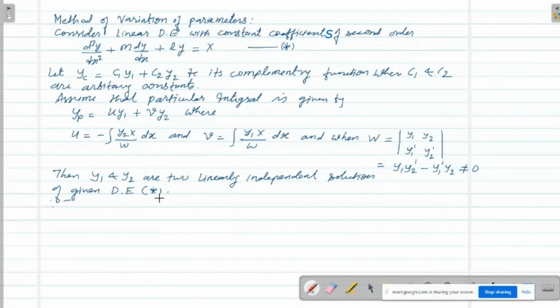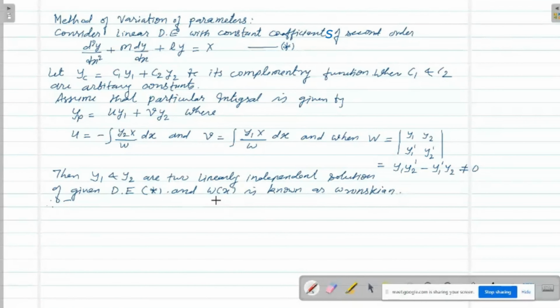And w is known as what? Functional, and w, this is what? Function of x. So you can write W of x is known as Wronskian.